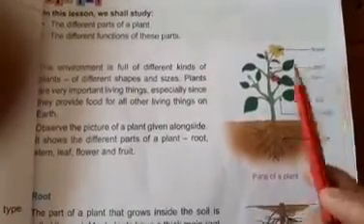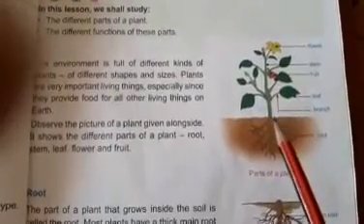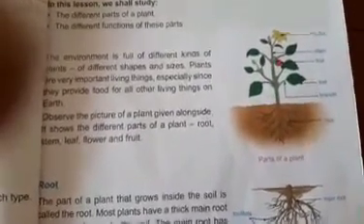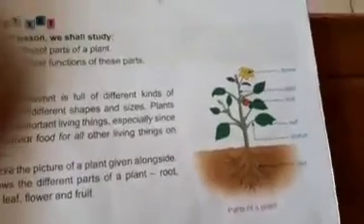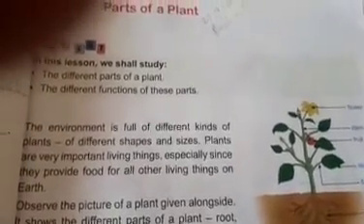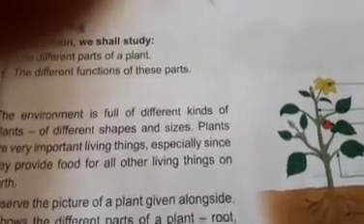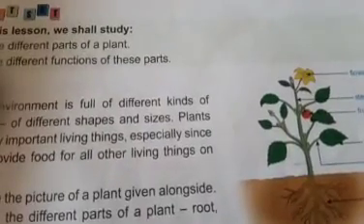This is the flower and these are buds. A plant has roots, stem, leaves, fruits, flowers, branches. Yes or no? Okay.